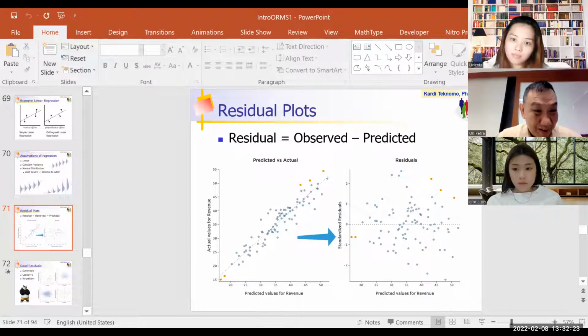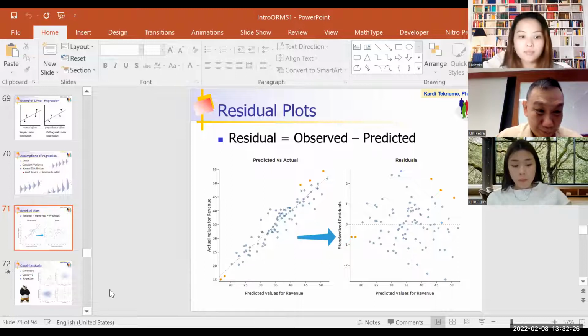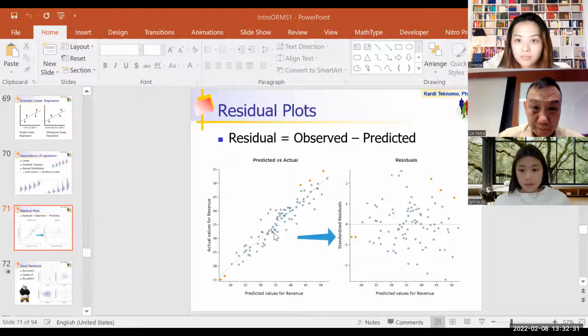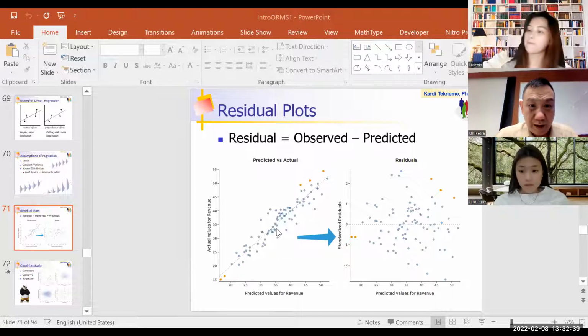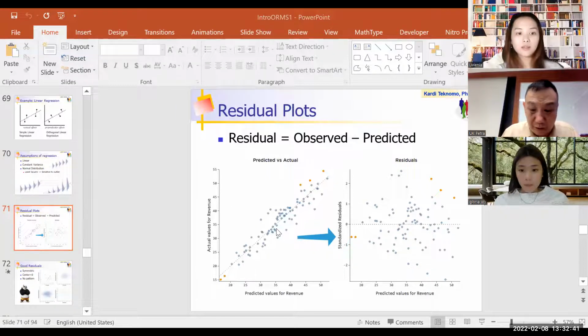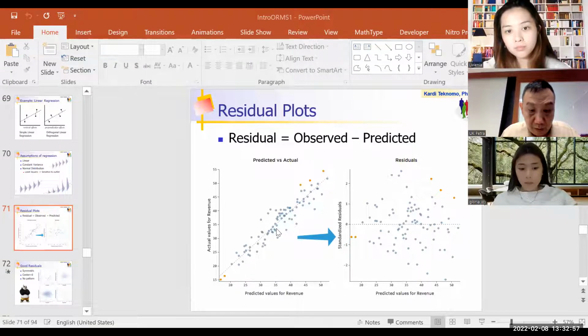Let's open Excel, and you can create random data. So X, Y. You can create any random data, say 1, 2, 3, 4, 5, and Y is 10, 12, 15, 18, 21.